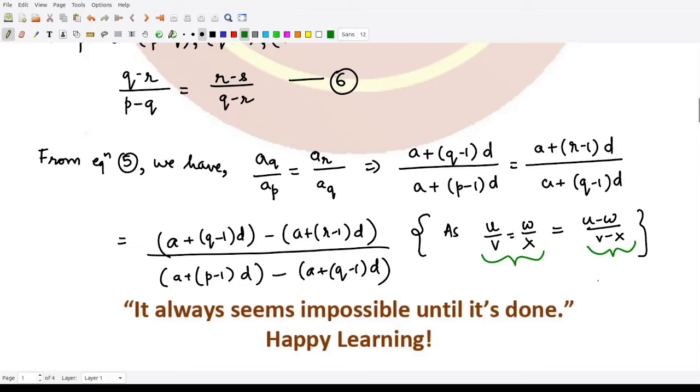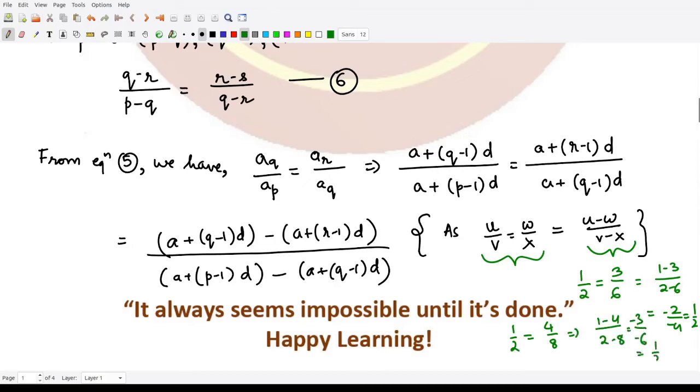For example, 1 by 2 is equal to 3 upon 6. What is the difference? 1 minus 3 divided by 2 minus 6 is minus 2 by minus 4, which is again 1 by 2. Let's take another example. 1 by 2 is equal to 4 by 8. In this case, 1 minus 4 divided by 2 minus 8 is equal to minus 3 divided by minus 6, which is again 1 by 2.